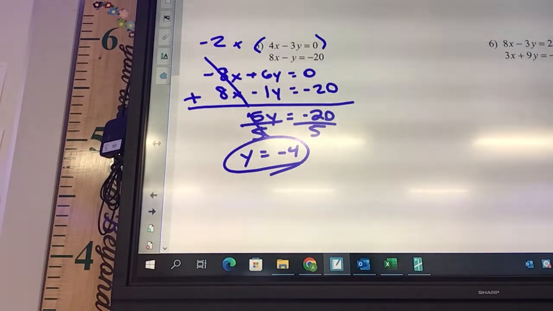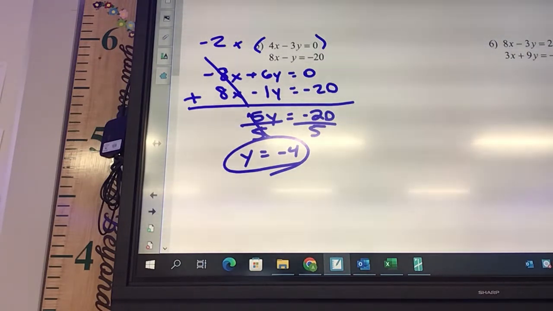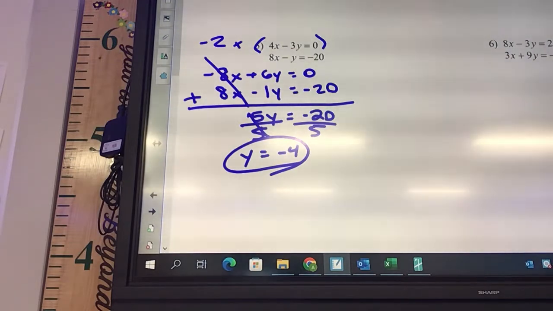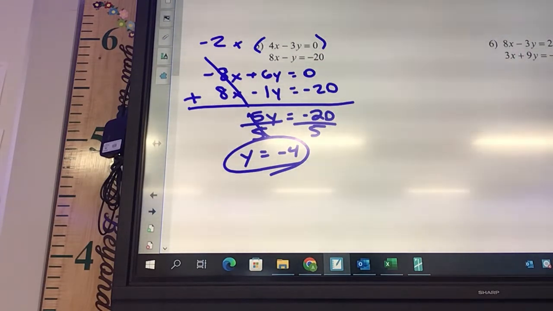Okay, now what do we do with that? Be more specific, let's pick an equation. Which equation? Yeah, it's got to be the original equation, the text writing, not my writing. It's got to be one of the original ones. So which one do you want to use?